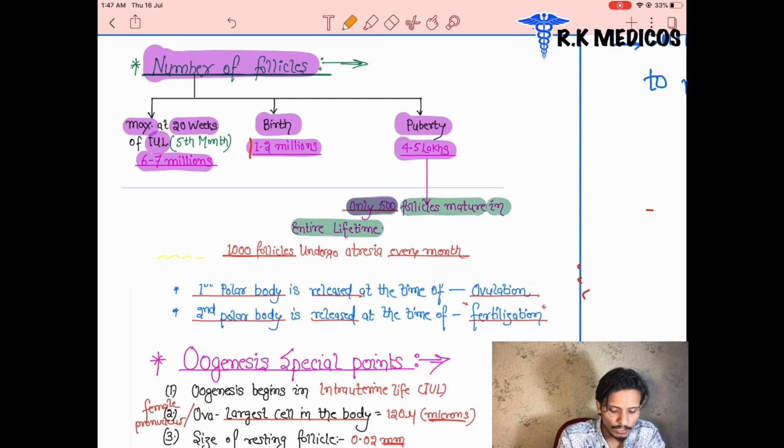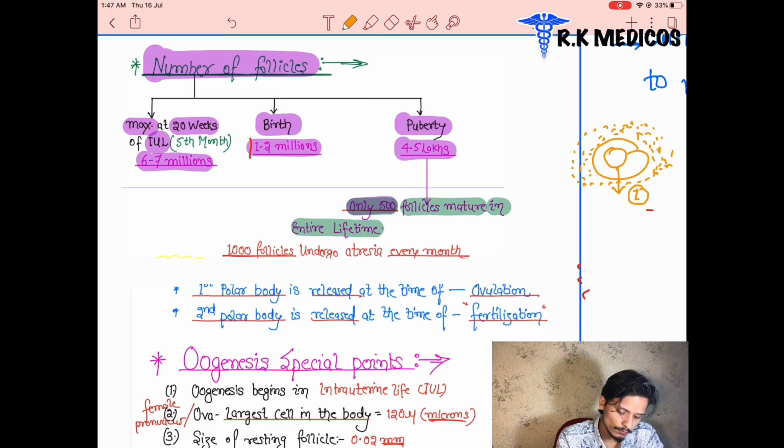Along with this one follicle, thousands of follicles also participate and want to come outside, but they all get degenerated in the same way. Only one can come outside, and that one forms the mature follicle.